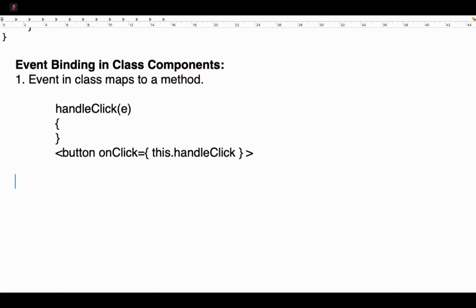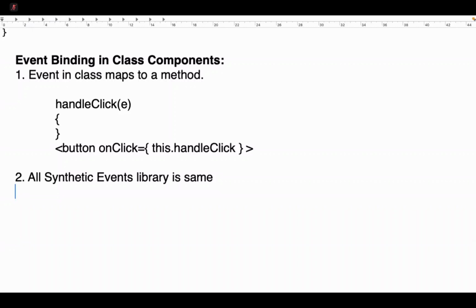So you have to define events, and the synthetic events library is the same. There is no change. onClick, onBlur, onChange, onFocus, all synthetic libraries are the same. There is no change in that. Only the point is you will have a method, but here one more very important concept is there. So you should know that.